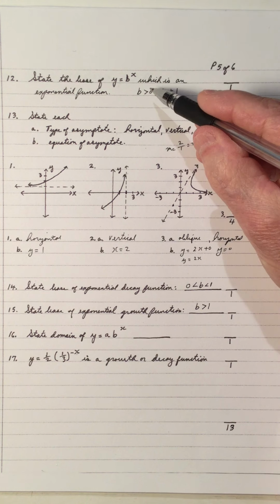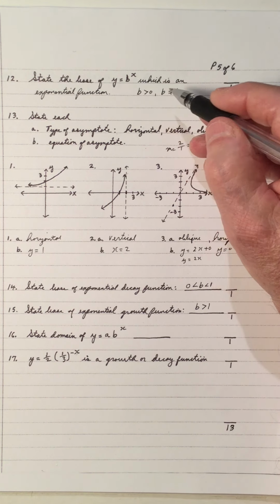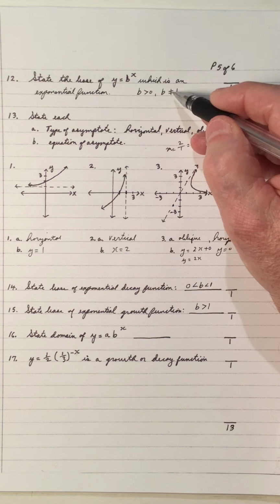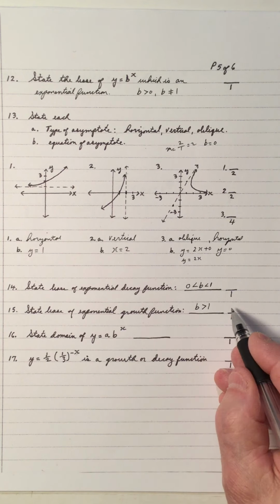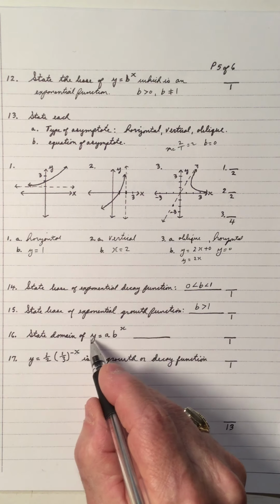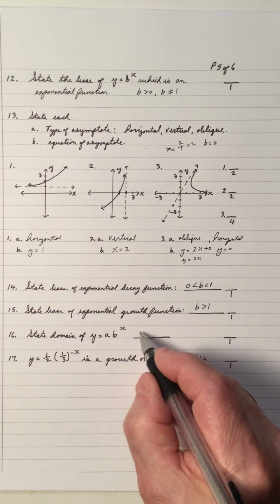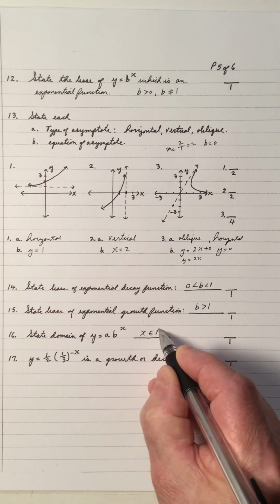Remember, the base of an exponential function is greater than 0 and not 1. But we can have bases between 0 and 1 to be a decay, bases greater than 1 to be a growth. Give yourself a mark for each of these. And the domain for every exponential function is always x belongs to the reals.